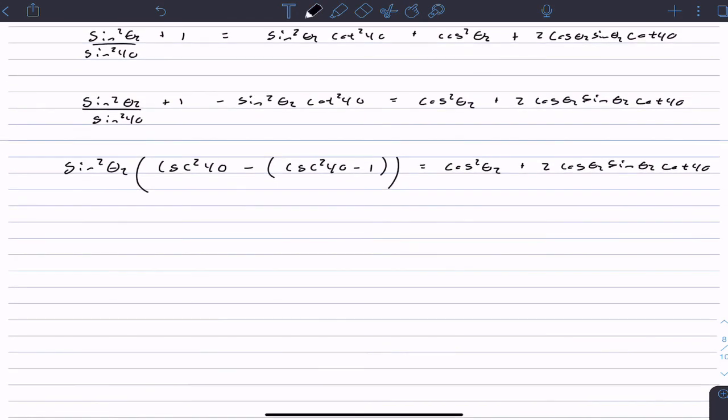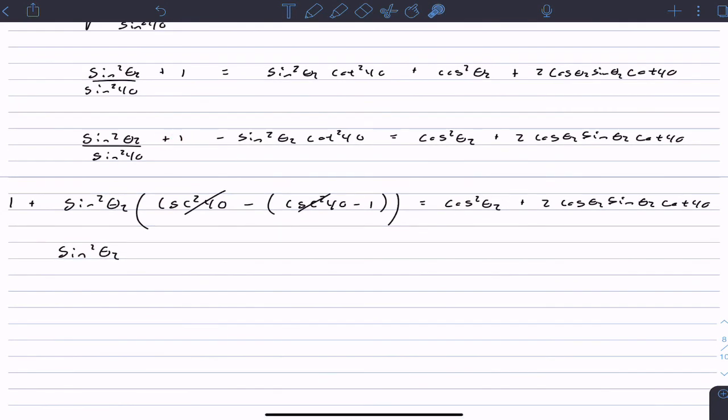All right, continuing. So, okay, well, these cancel, and then you're left with 1, right? And, oh, also, there was still an extra one. Remember, this was still here, so I needed to add this in, because what we have here is 1 plus sine squared theta 2. Okay, and then we have this cosine on the other side.